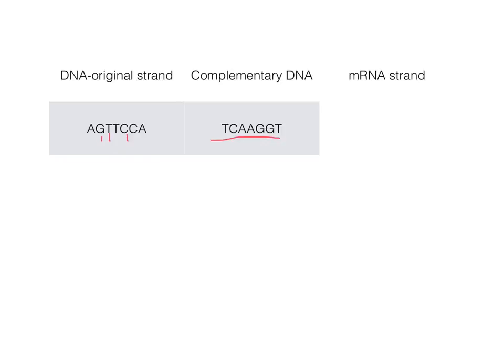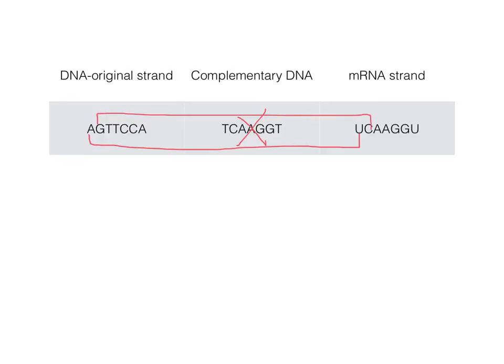It's the U. So anywhere there was a T on our complementary strand, we should now have a U in our messenger RNA strand. What if we don't know the complementary DNA? Then we're simply going to transcribe from the original DNA. So A's would normally be a T, but it gets to be a U. G's still become C's, and so on and so on.